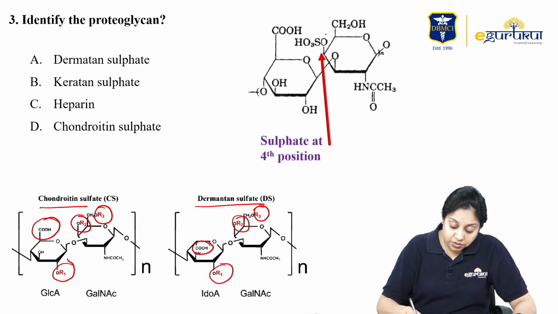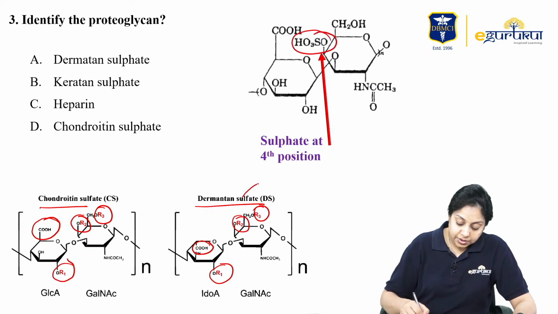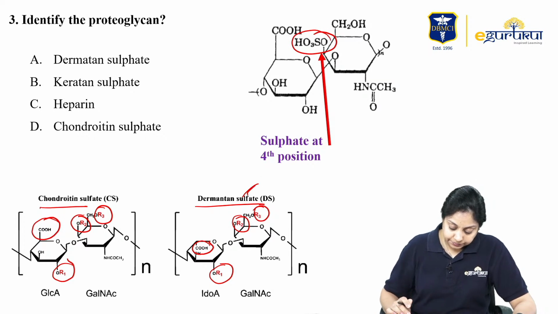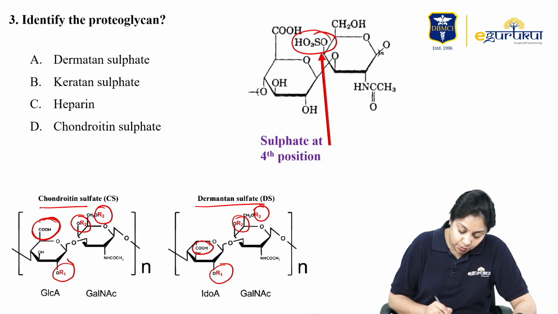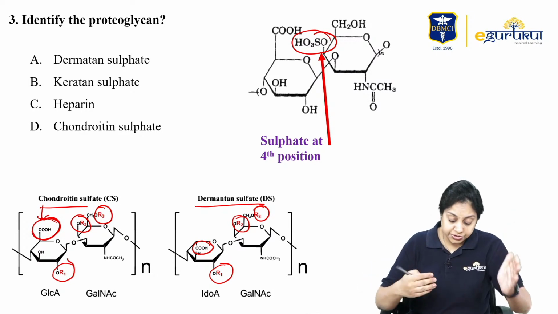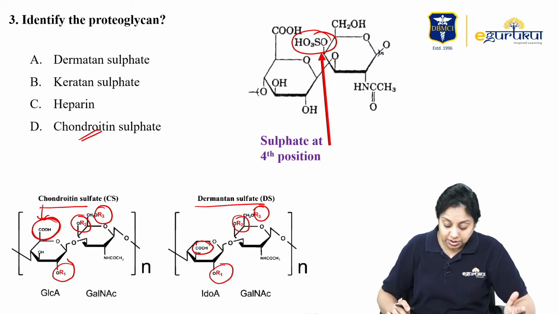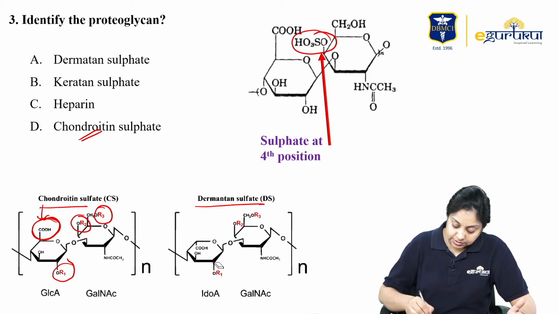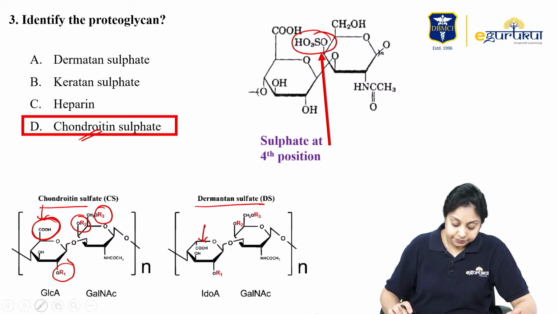And in this, they are giving you the sulfate at the 4th position. Dermatan sulfate has the COOH up, not the chondroitin sulfate, in the upward position, not in the downward position. So this is the chondroitin sulfate, not the dermatan sulfate. The COOH is down and we want the COOH that is up the plane, right?